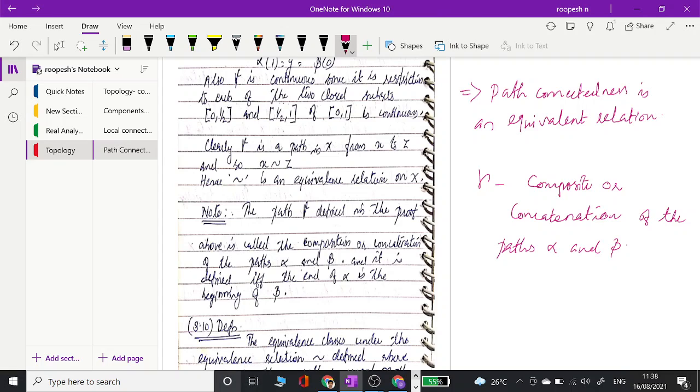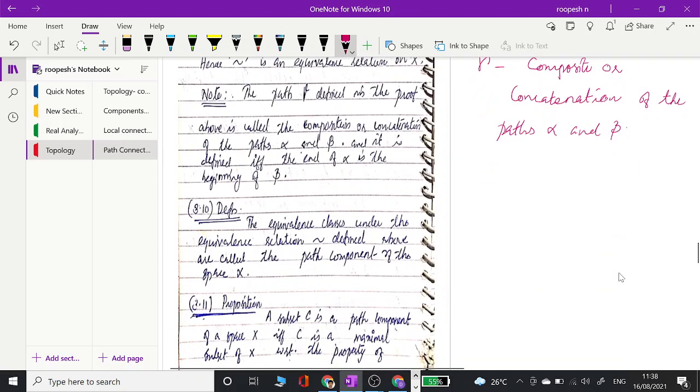And it is defined if and only if the endpoint of alpha is the beginning of beta, just like we are defining compositions. Next definition.